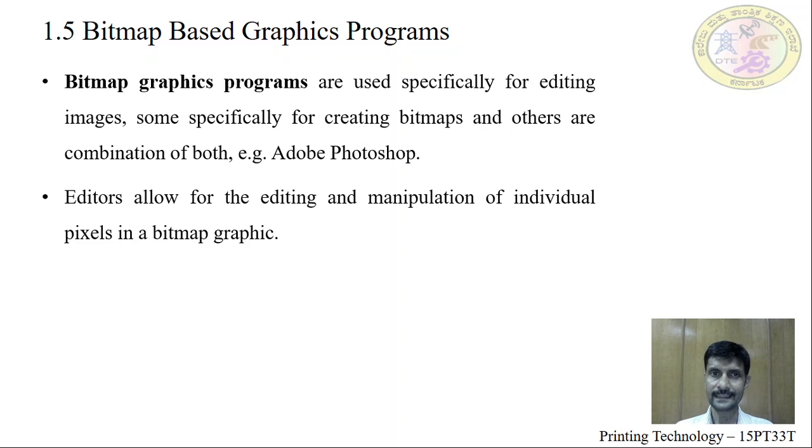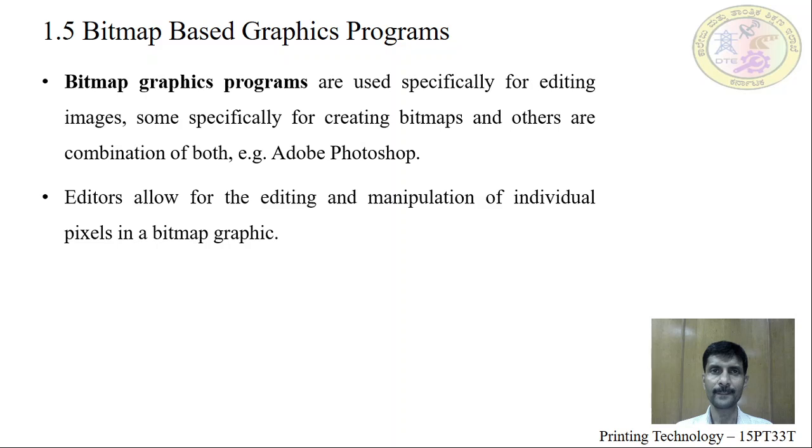Editors can edit the image and manipulate individual pixels in a graphic. This is the difference. In vector graphics, we cannot edit the pixels of the image because it is not made up of pixels. It is made up of lines and drawing.